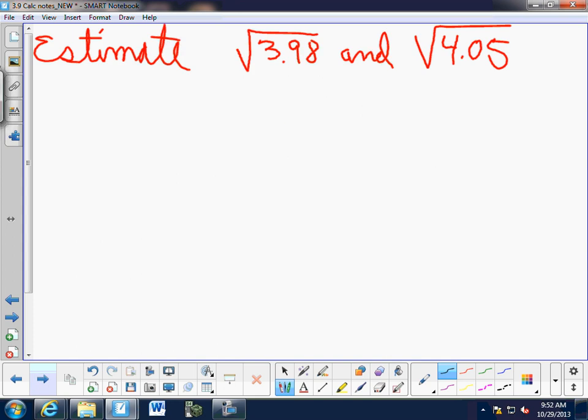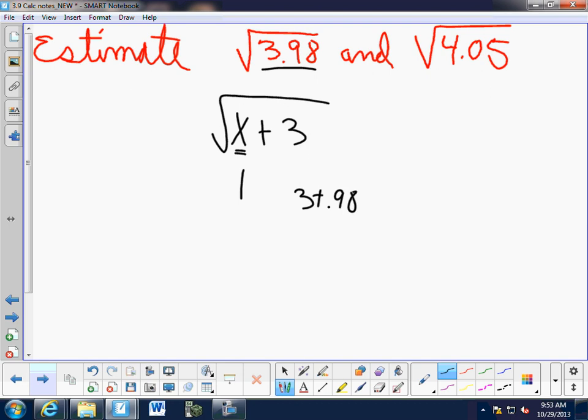Now, let's do this estimation. 1 was my x value, which means, remember, it was x plus 3. So near 1, if I put in 1, this is 4, that's a number near 4. That's what I was wanting to get at before. So if x is 0.98, this is then 3 plus 0.98.